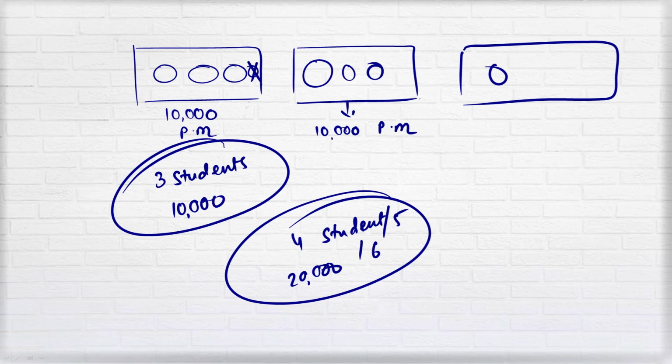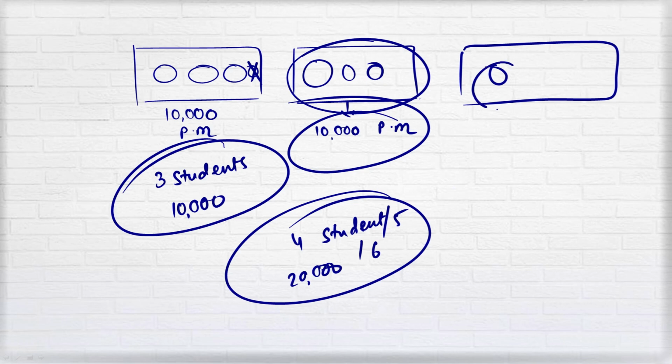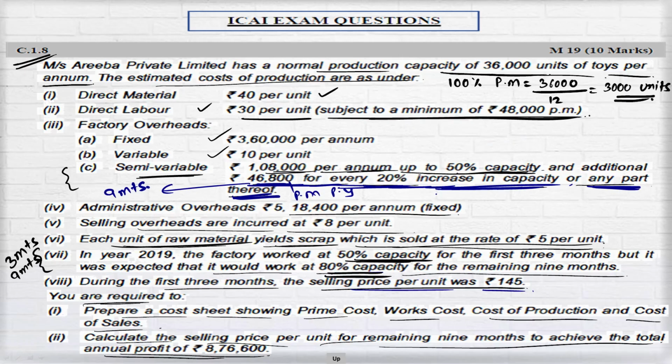That if cost per 3 students is 10,000, then cost for 1 student is 10,000 divided by 3. Alright. At least the language which is written, you cannot interpret in this manner. Additional 46,800, additional 1 bus for every 20% increase in capacity, for every 3 students increase, or any part thereof.